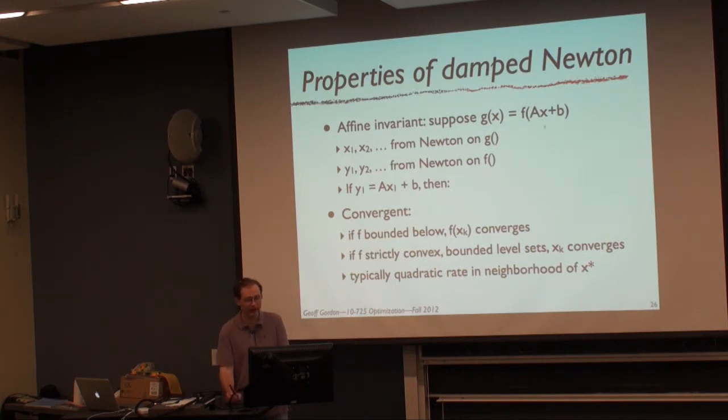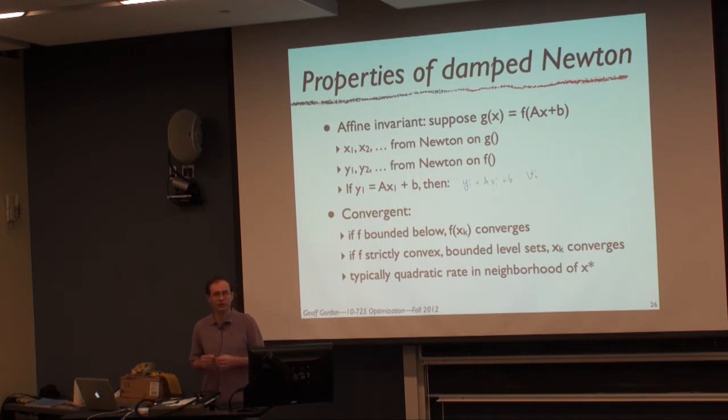What that means is if I have some function f and I define g to be f of Ax plus b for a matrix A and vector b, and if I take x1, x2, and so forth as Newton steps on g, and y1, y2, and so forth as Newton steps on f, then if I initialize them at corresponding places, y1 equals A times x1 plus b, then we'll actually have that yi is equal to A times xi plus b for all i, right? So we're doing essentially the same thing. Newton essentially ignores an affine change in the function.